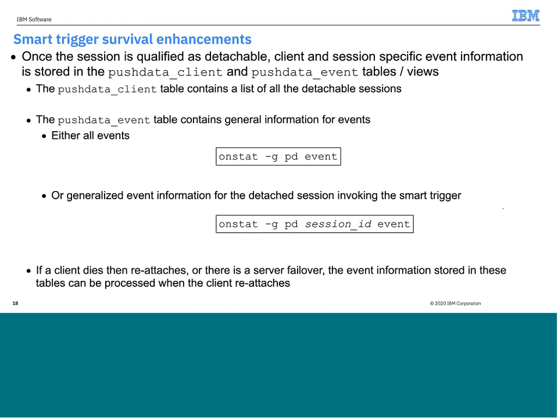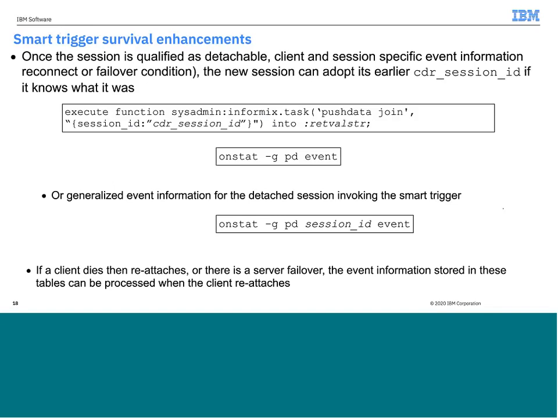If your client dies and then it reattaches, or there is a server failover, that ID is what's going to be used for the application to reconnect to the instance and see what has happened while I was disconnected, or just reconnect to the new primary and continue processing operations through the smart trigger.